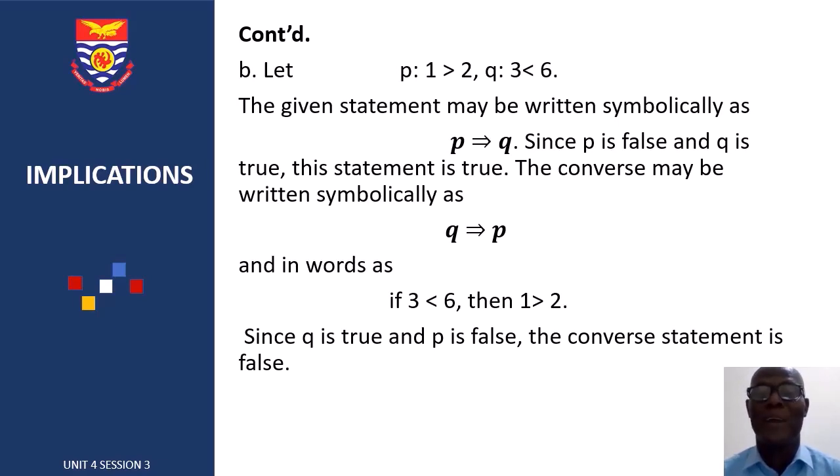Now we want to find if this statement is true or false. 3 is less than 6, meaning the statement is true. But 1 is not greater than 2, meaning the statement is false. But for implication, if the first statement is true and the second statement is false, then we conclude that the combined statement is false. Hence, the statement is false.